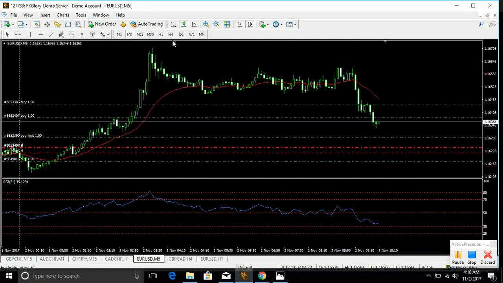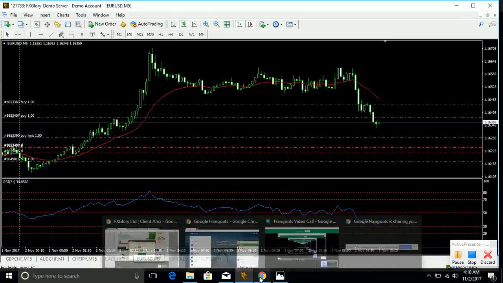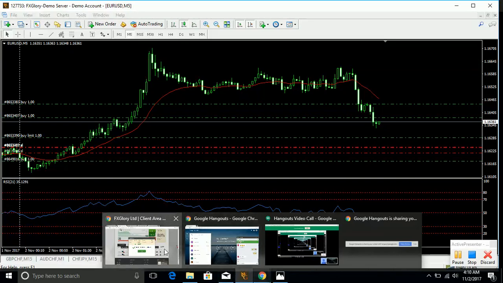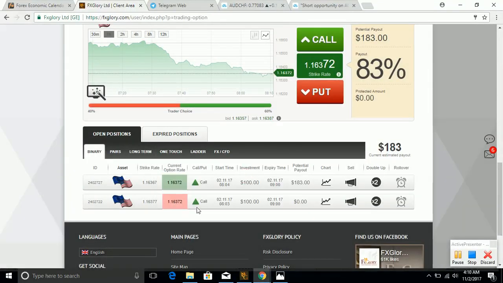Now, mind you, this Euro trade is in for, I believe, 5 a.m. So far, that's what we got. By the time it's done, we should see a profit of roughly 380 on this particular trade side.